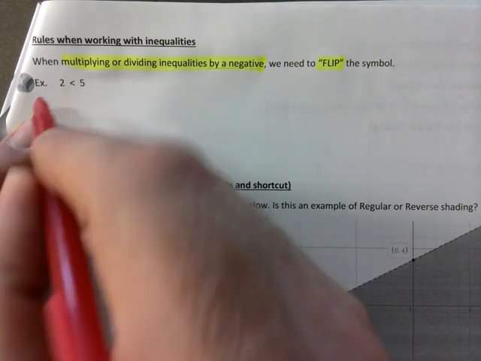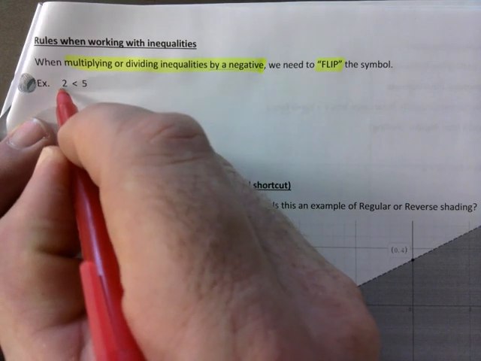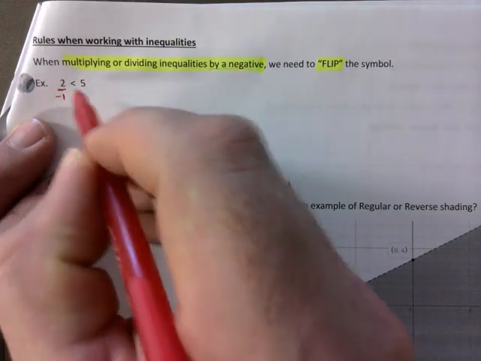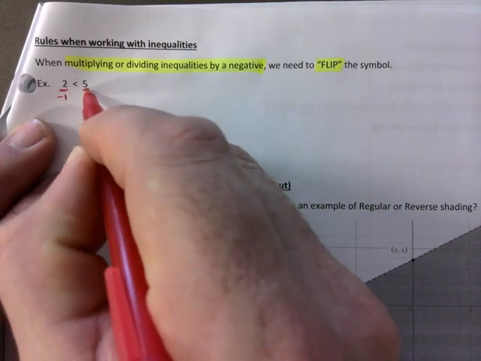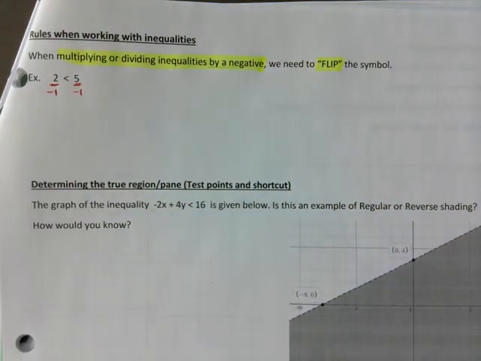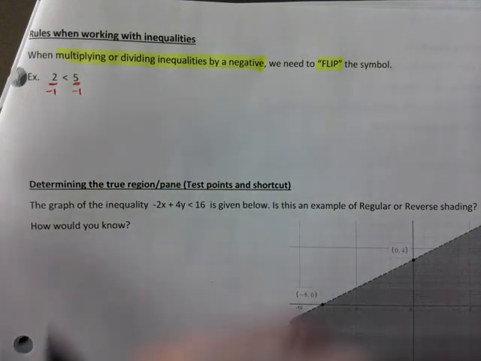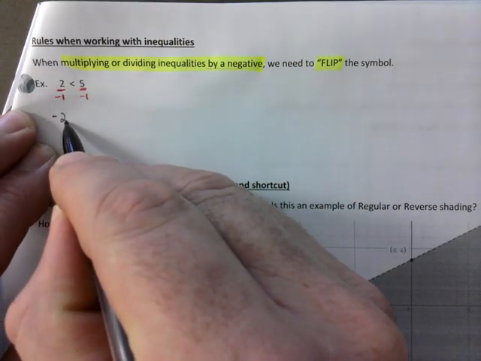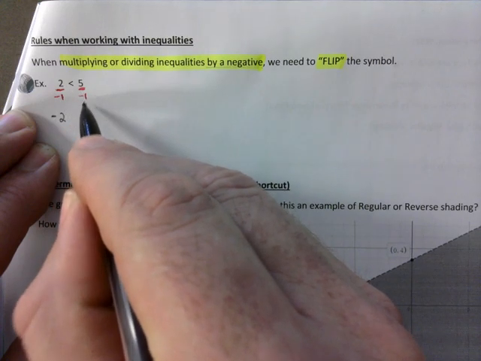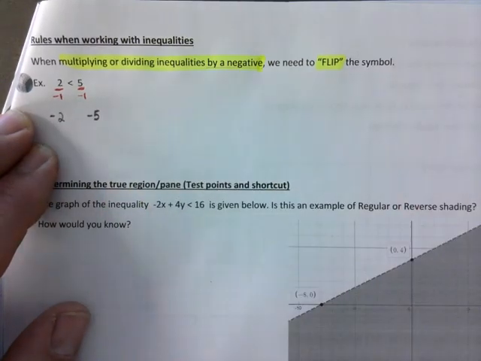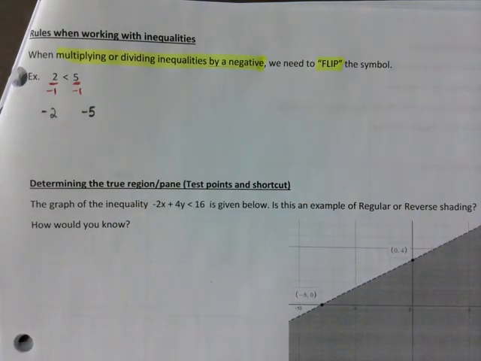If you were to divide this by -1 and do the same thing to the other side, if you divide them both by -1, 2 divided by -1 is, you guessed it, -2. 5 divided by -1 is -5. Now there's always true or false here.